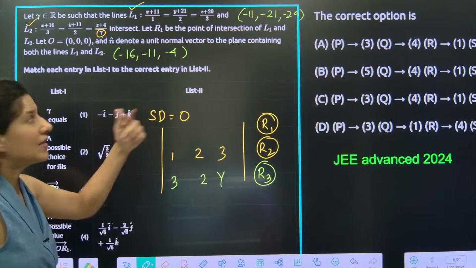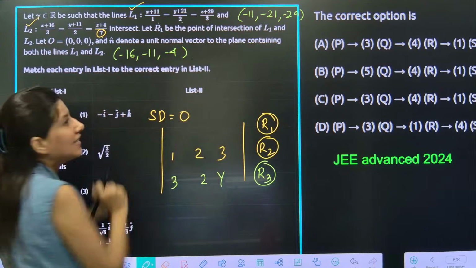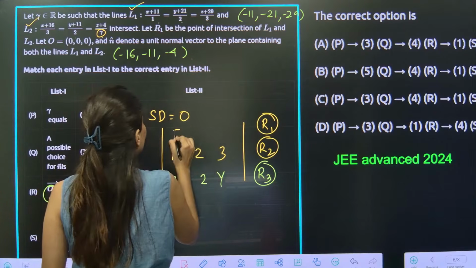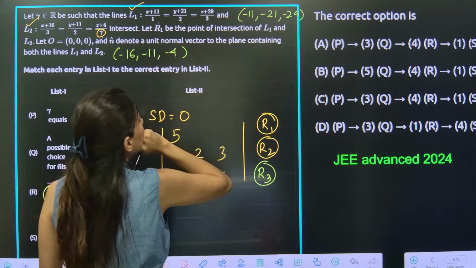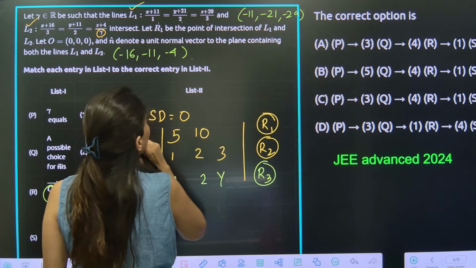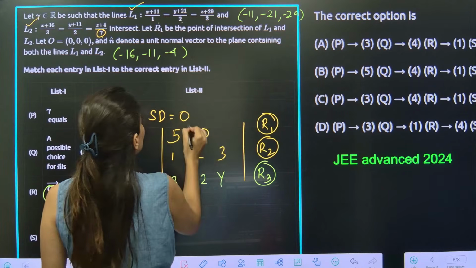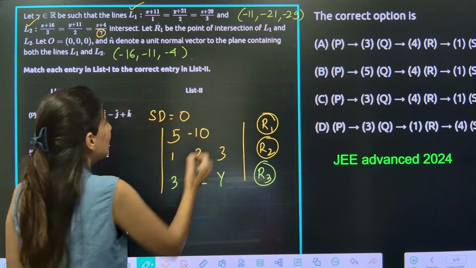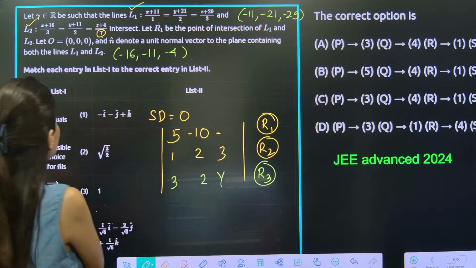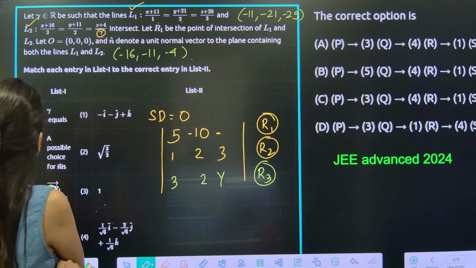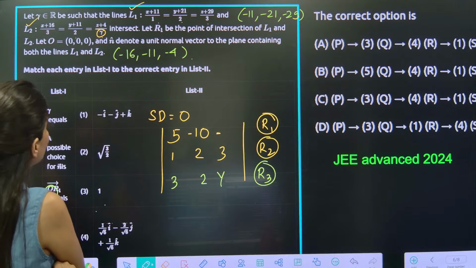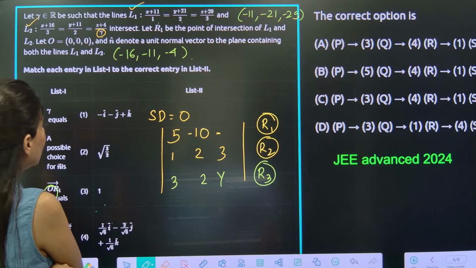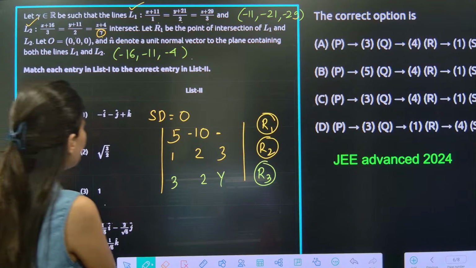Now subtract. Minus 11 minus 16, subtract this minus this, you will get 5. This minus this, you will get 10. By the way, minus 21 plus, so negative 10. And this is minus 29 plus 4, so this will be minus 25.